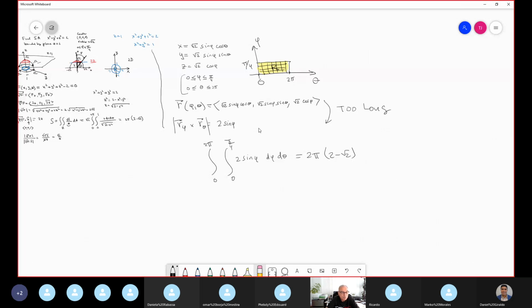Any question? Any question? Okay, then I bring some examples now. The example that we're doing so far is surface area, in which the integrand function is 1.